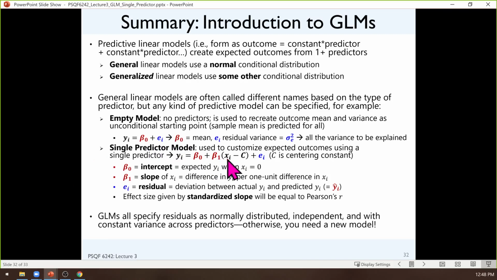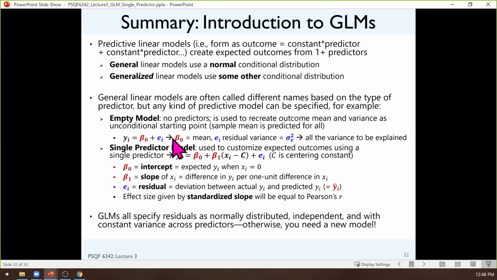Once we add a predictor, then your best guess for a person's outcome is a function of 2 things. A reference point for the model as the intercept, which is the expected outcome value when the predictors are 0, plus a linear effect at this point of a predictor centered such that 0 is meaningful.